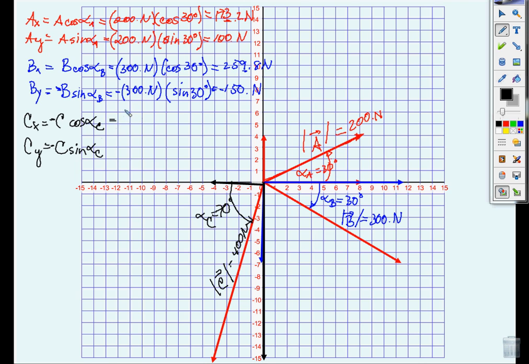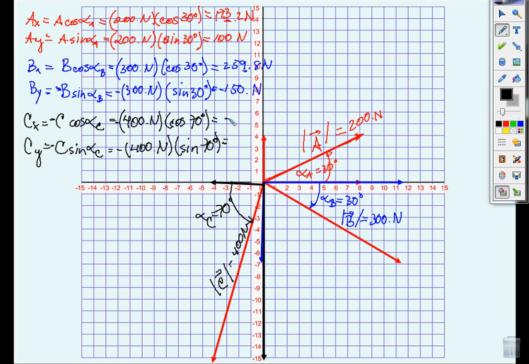So we substitute the values, and we have, well, the negative sign here, 400 newtons cosine of 70 degrees. And here we have negative 400 newtons sine of 70 degrees. So you operate the calculator, you're going to get 400 cosine of 70 degrees.